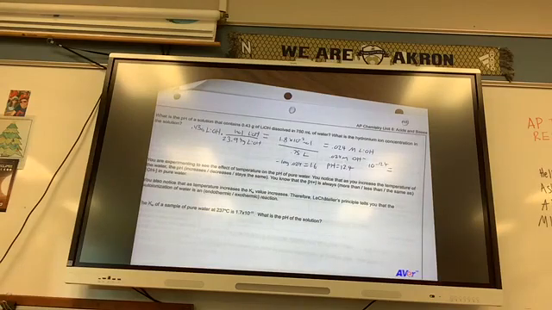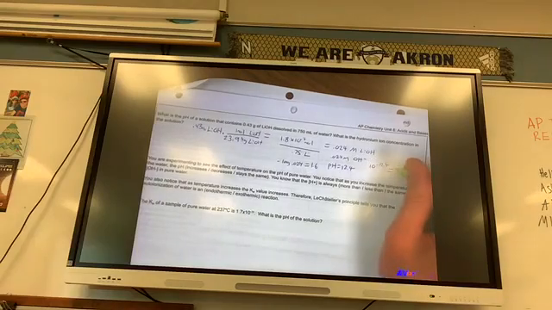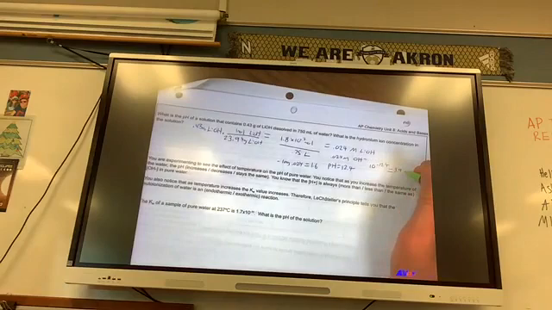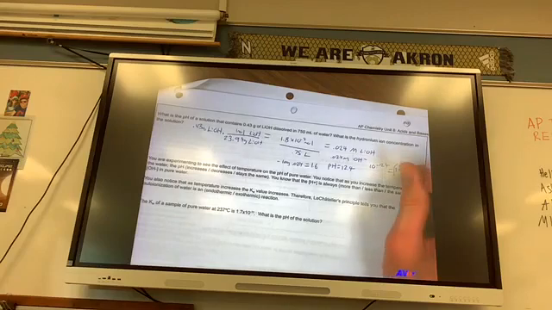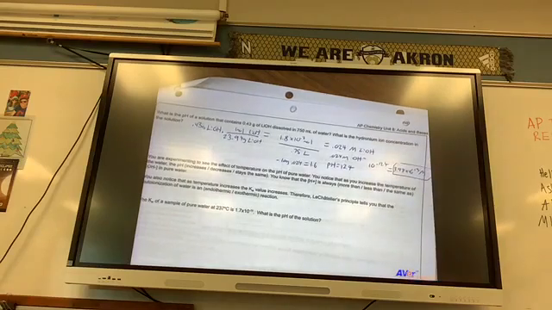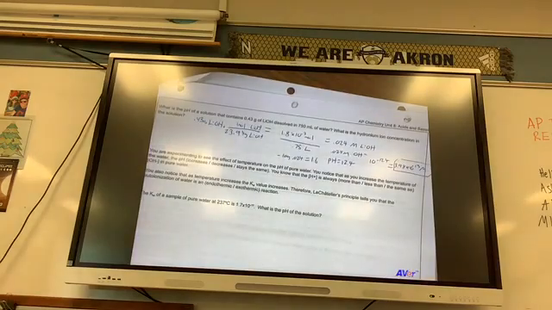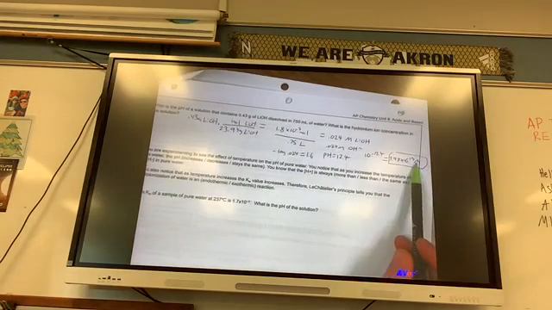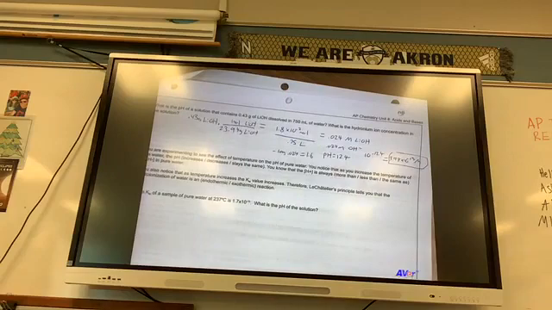You have to raise it to the negative because this is logarithmic. What do you get? 3.98 times 10 to the negative 13th molar. Which makes sense because I'm not going to have very much hydronium concentration because this is a strong base.